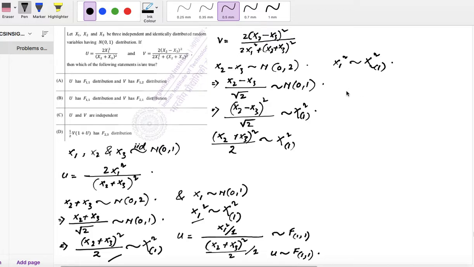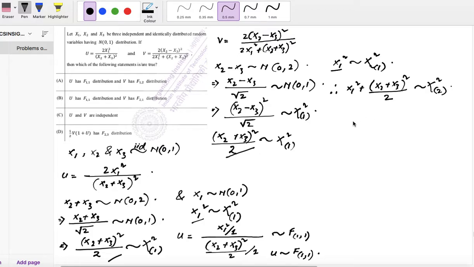Now by the addition theorem of chi-square, if we add x1 square and this term, let's see what happens. x1 square plus x2 plus x3 whole square by 2 would follow chi-square with 2 degrees of freedom, right?